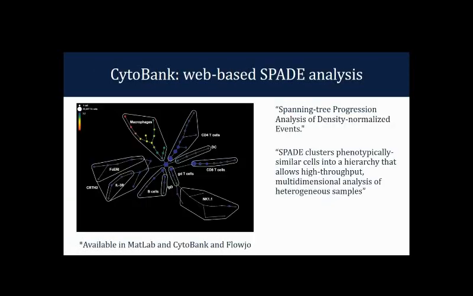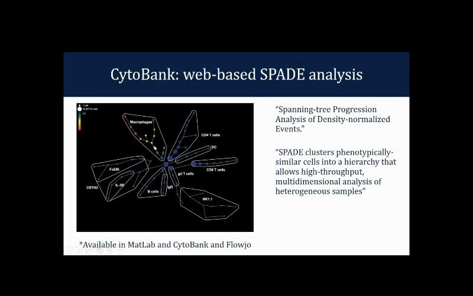So I mentioned another way of building hierarchical clusters and trees. One example of this is Cytobank. This is a program that was initially designed in MATLAB, but is now purchased and used by Cytobank, which is a web-based platform. Essentially what this allows you to do is build these spanning network trees.